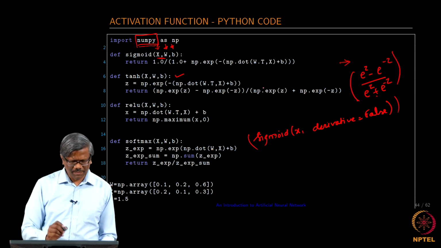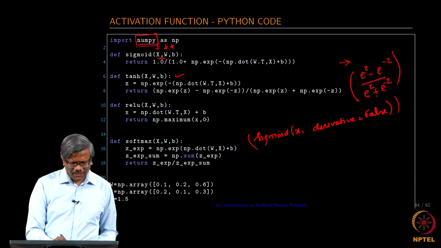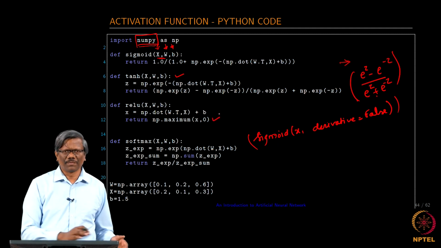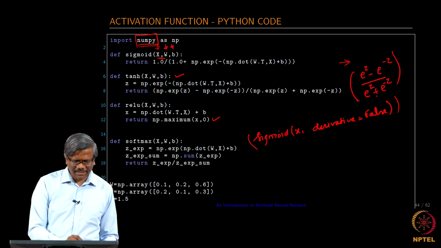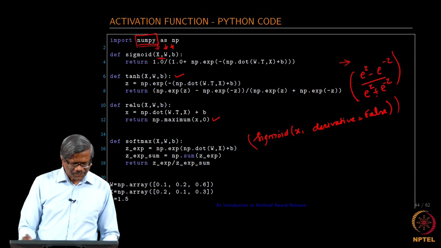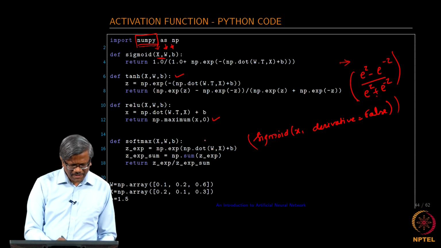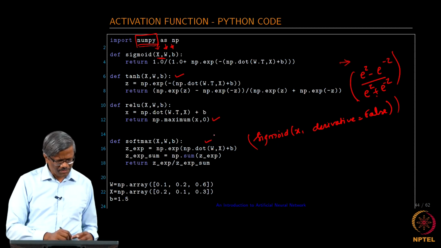Okay, and this is what is implemented. And then ReLU, I use a maximum. I am just using a very simple thing, which is between 0 and the value. I am not using the leaky ReLU that I had shown earlier. And then the next one is softmax. We will talk about that and then come to this one.